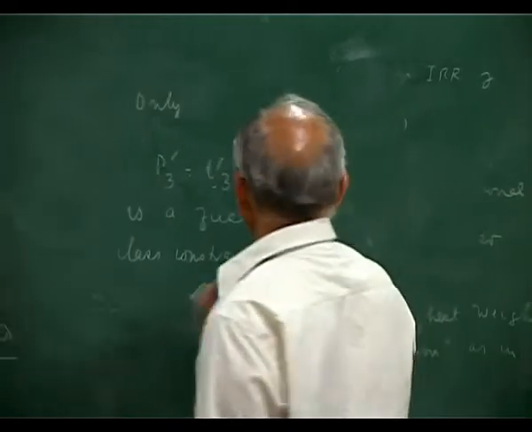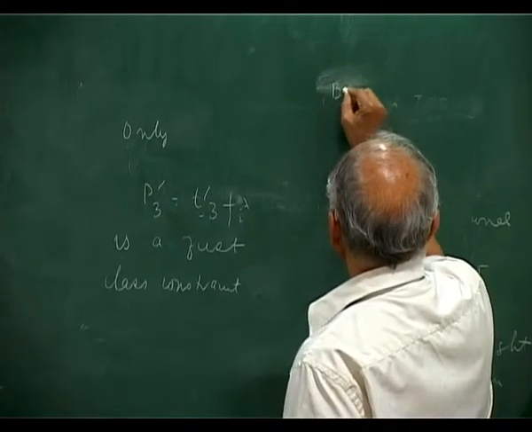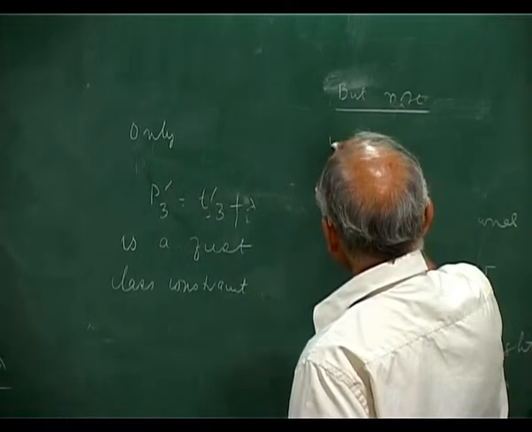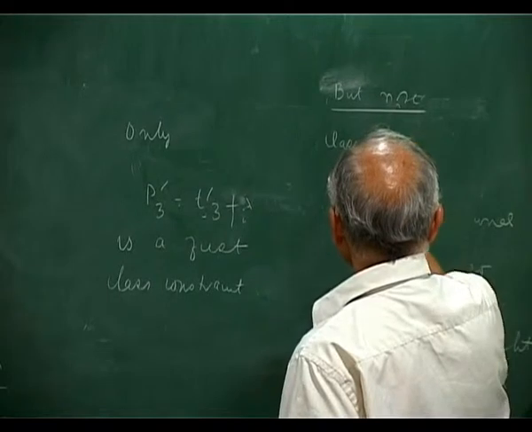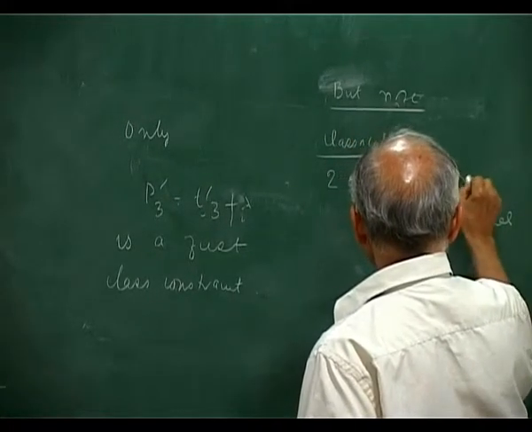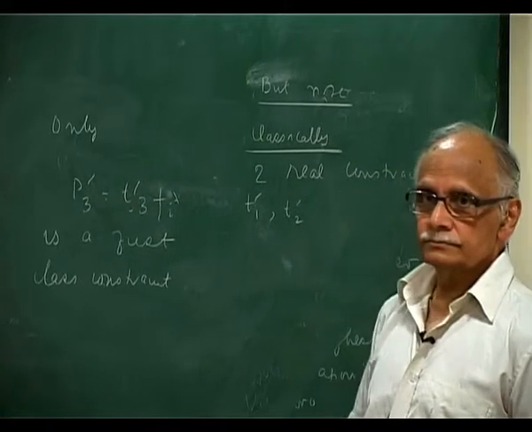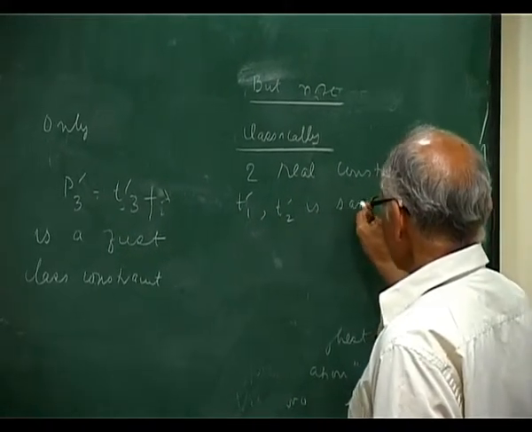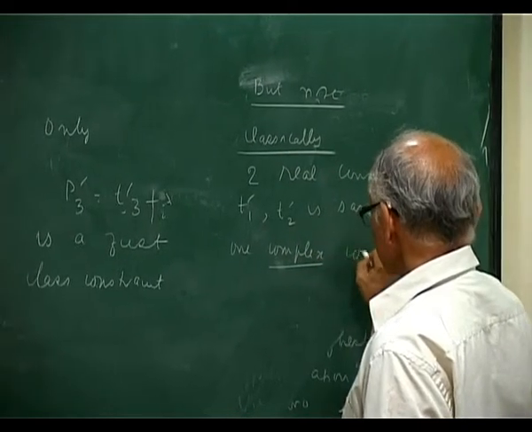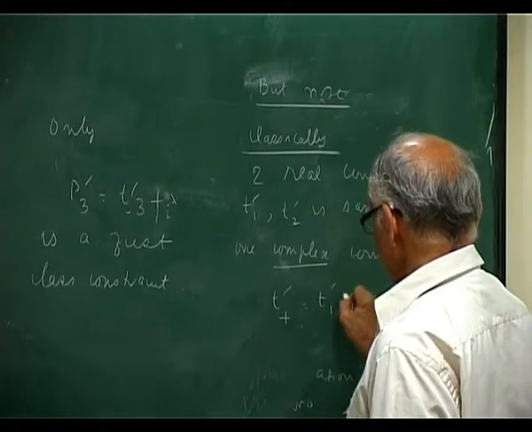So what do we do? But note, classically, two real constraints, namely T prime 1, T prime 2, is the same as one complex constraint, which I will call T prime plus, this is T prime 1 plus I T prime 2.